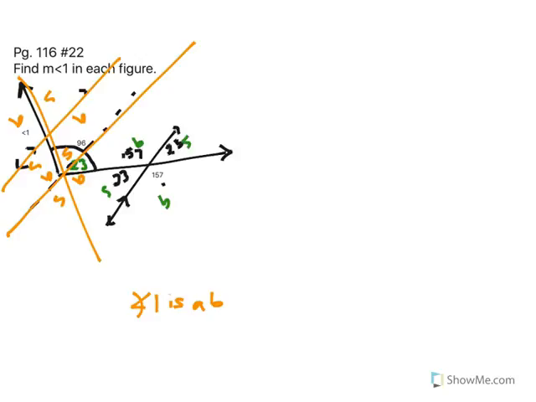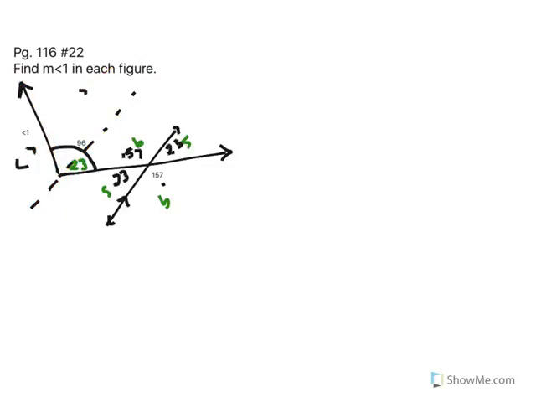So we need to find S in this transversal in order to put it right here, and then we're going to add these two together, and they should equal 96. So we need to find the measure of the bigs and the smalls in this transversal.